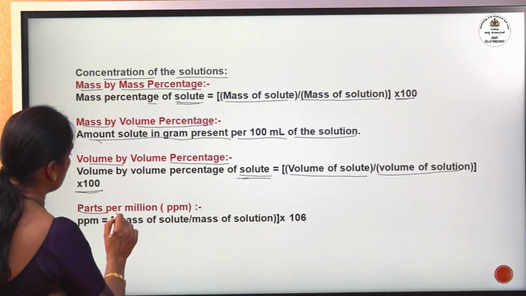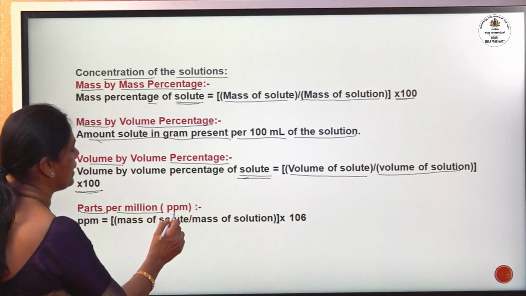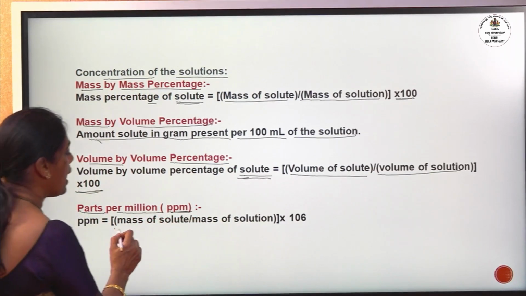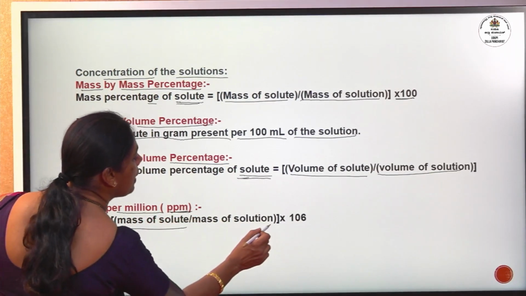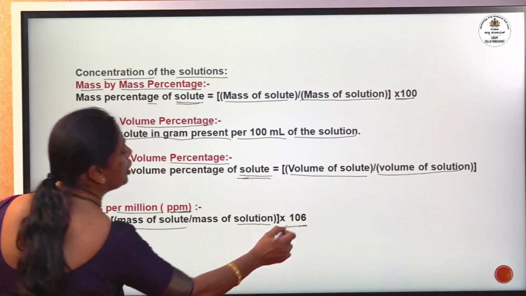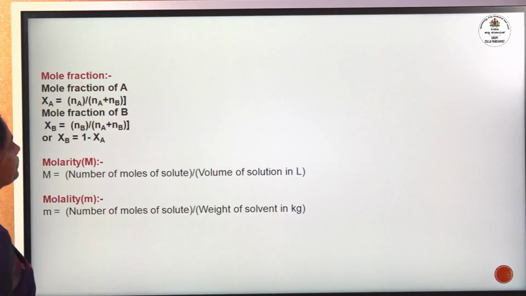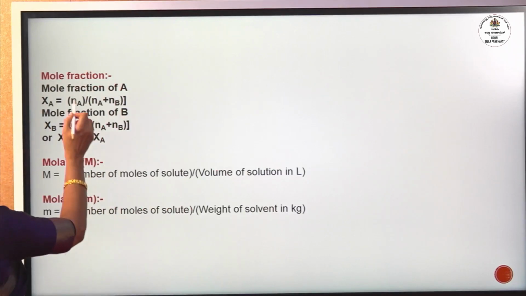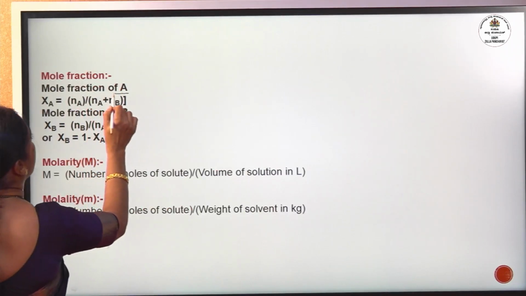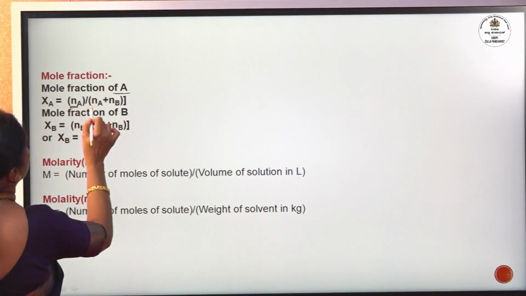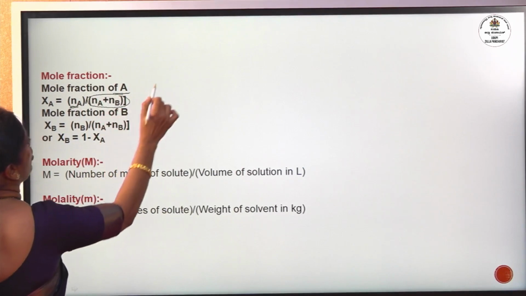Next, one more concentration term is parts per million, which is denoted as ppm. That is mass of the solute by mass of the solution into 10 to the power 6. Mole fraction: mole fraction of A is number of moles of A by total number of moles.